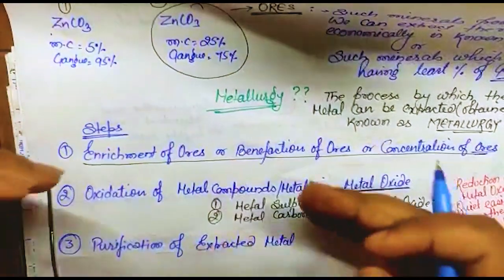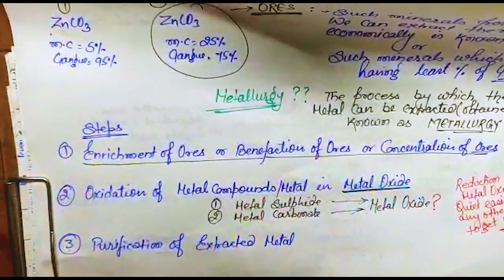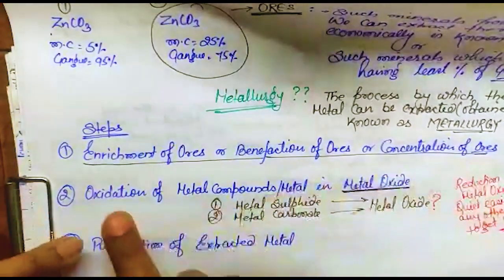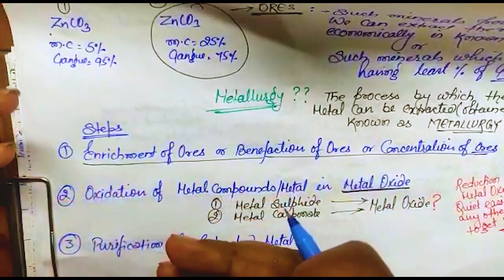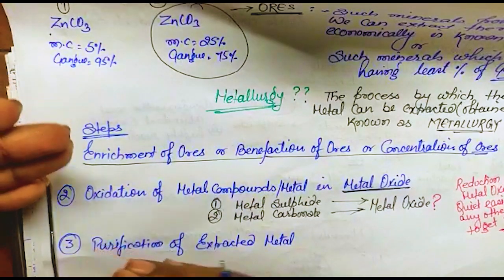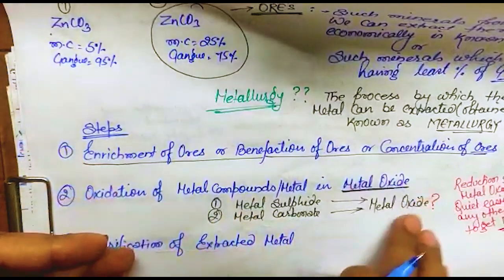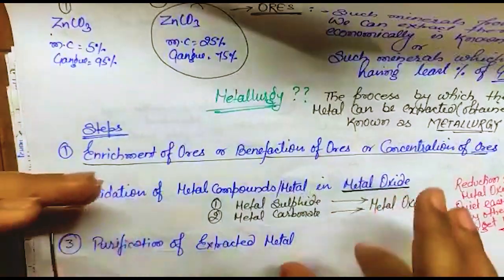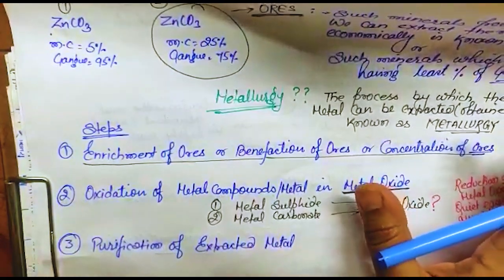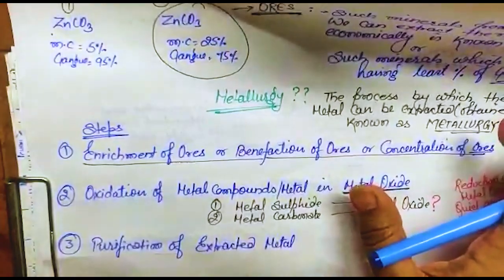All the single steps we will do in detail, thoroughly, so don't worry. In the next class, I will explain what this enrichment of ores is and how we do it. Then the enriched ore will be oxidized to metal oxide form, and then this metal oxide will be converted into simple metal, which is still not 100% pure.